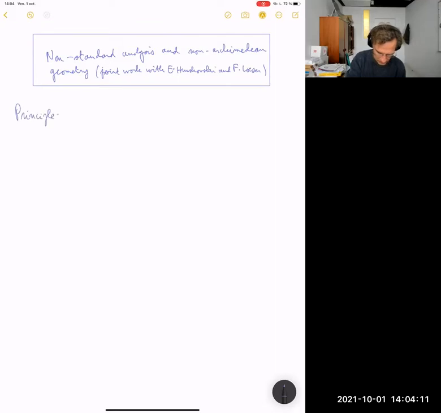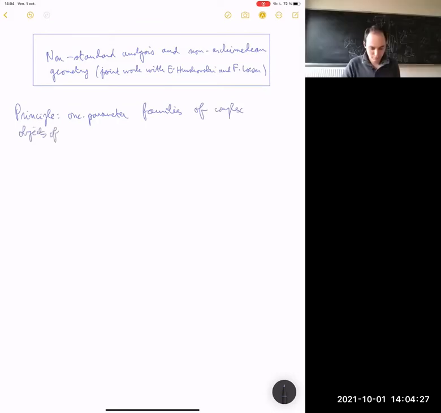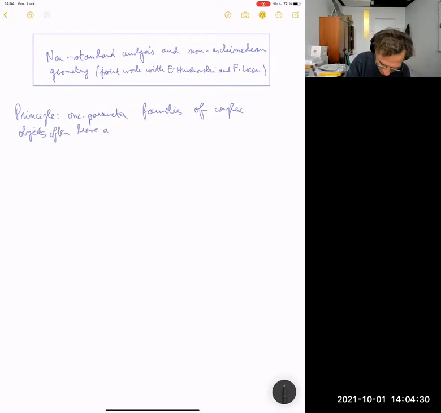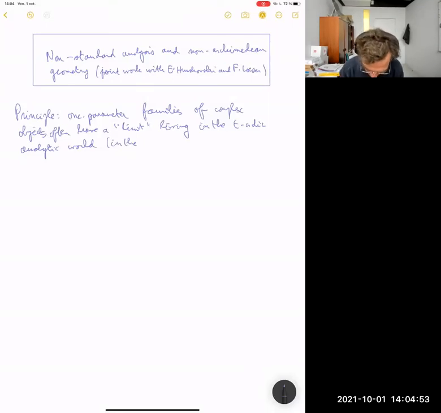Principle: one parameter families of complex objects often have a limit, kind of a limit, living in the t-adic, where t is the small parameter, in the t-adic analytic world, and especially in the Berkovich sense, which is especially well suited for this kind of mathematics.